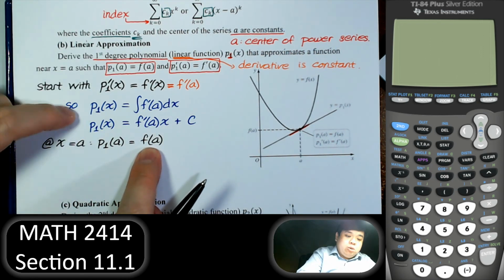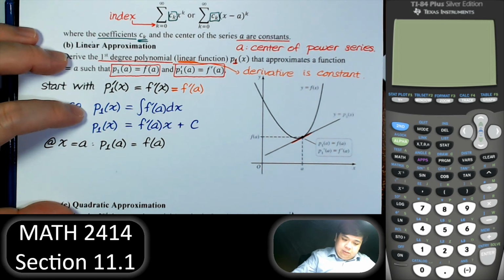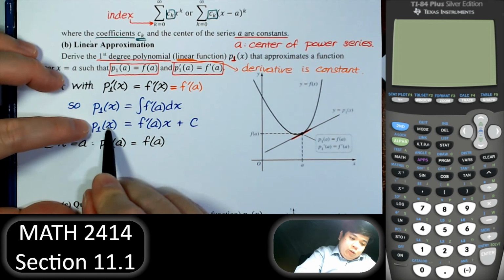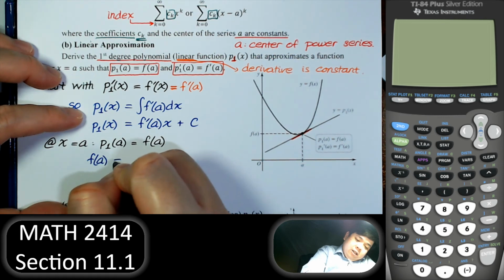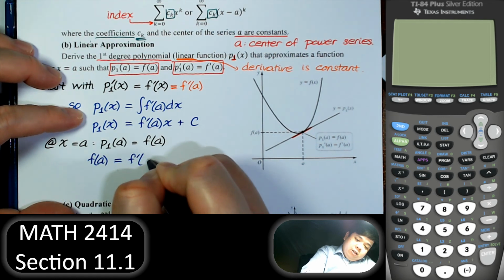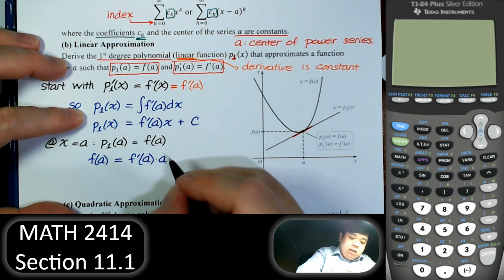So we substitute a in here, and we have P1 of a, which is f of a, equal to f prime of a times a plus c.